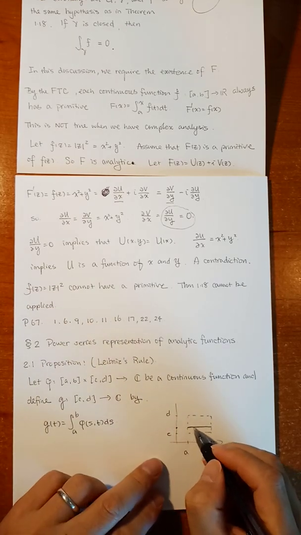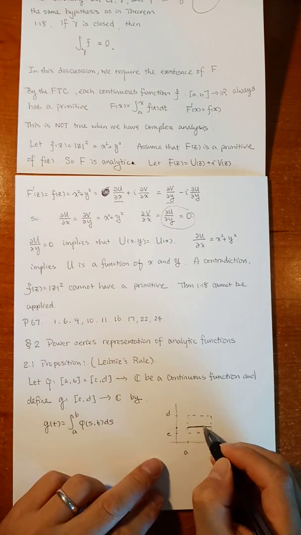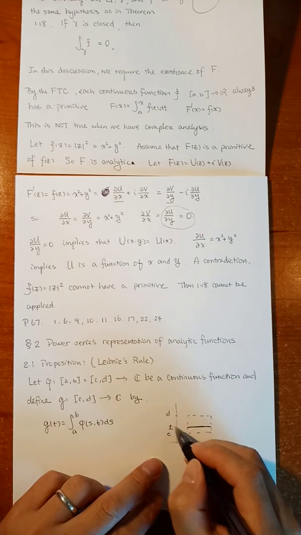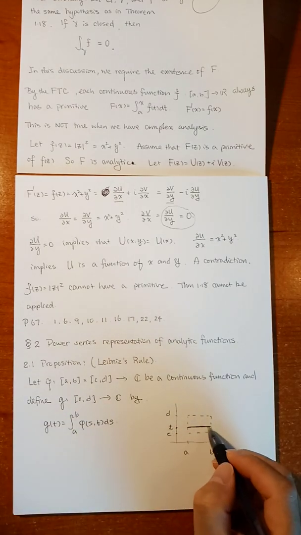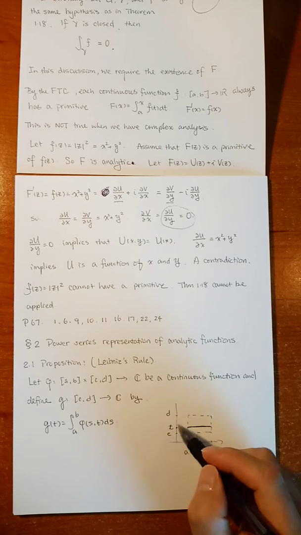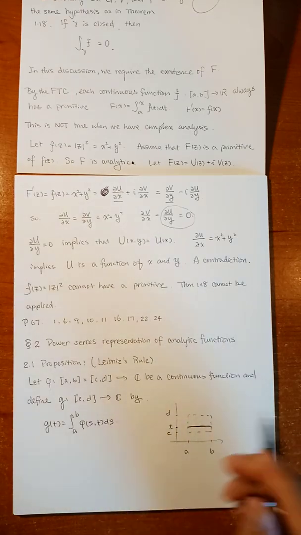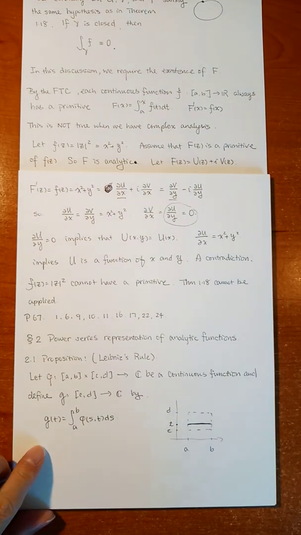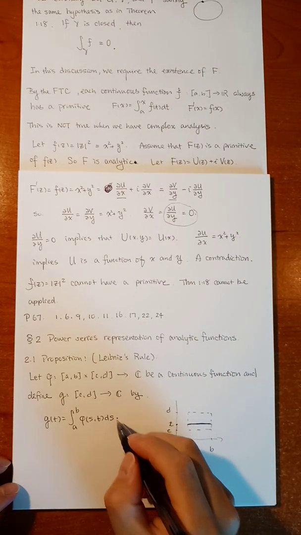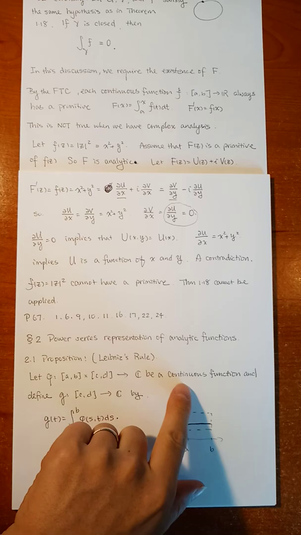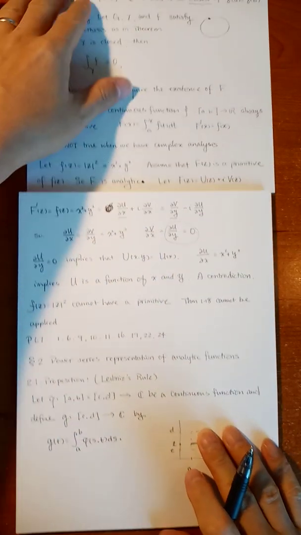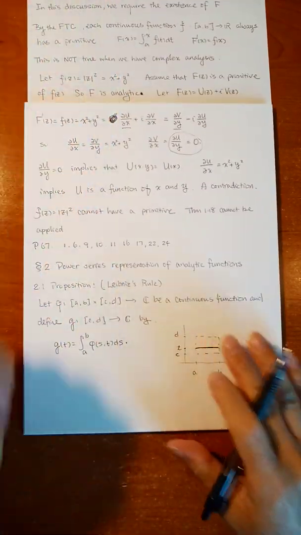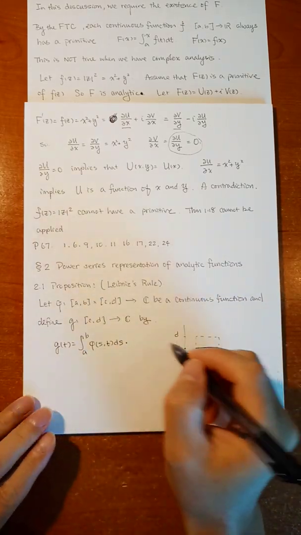So phi will be integrated along this horizontal segment. For each t, you integrate it. So you eliminate the x variable by integrating, and you only leave the y variable. Then you define the function G. And be careful, this phi is a two-dimensional continuous function. Okay, then this is our setting.